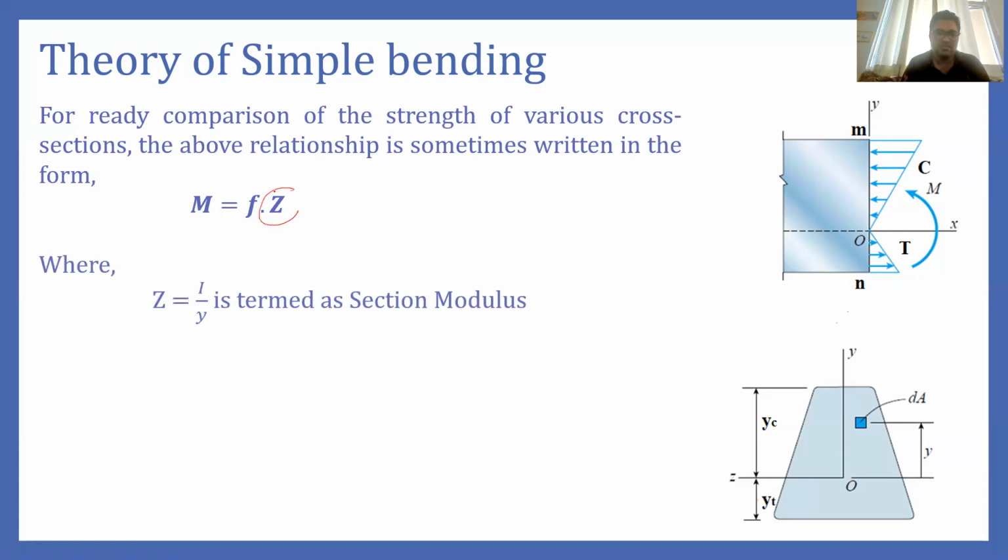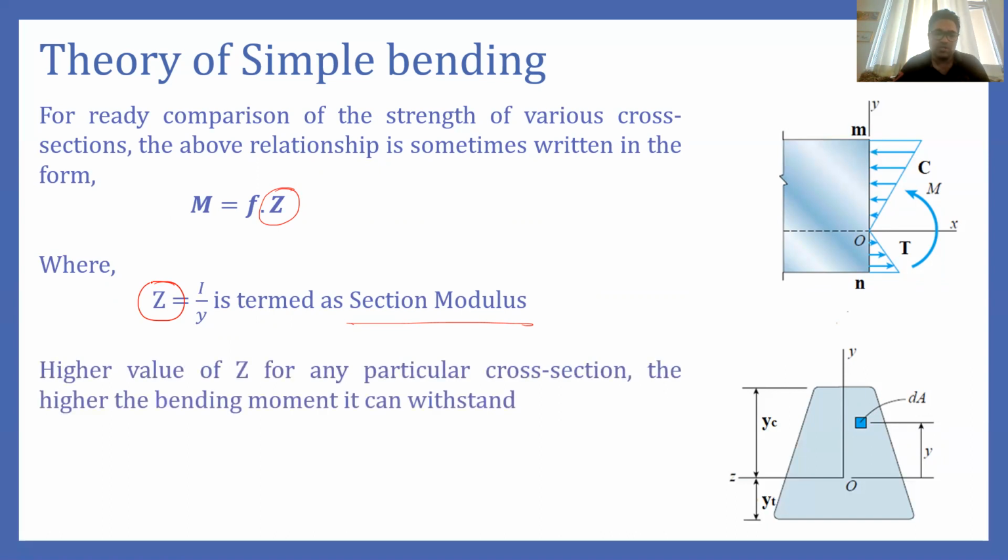Generally, when we have different cross sections, for example an I section, an L section, or a rectangular section, and we want to know which section will have more bending capacity, we sometimes compare those sections with the help of Z. The higher the value of Z, the higher the bending moment capacity of the particular section. So a higher value of Z for any particular cross section means it can withstand a higher bending moment.